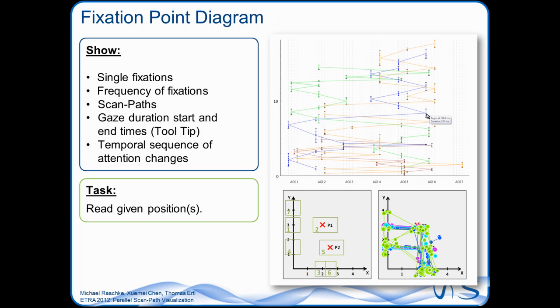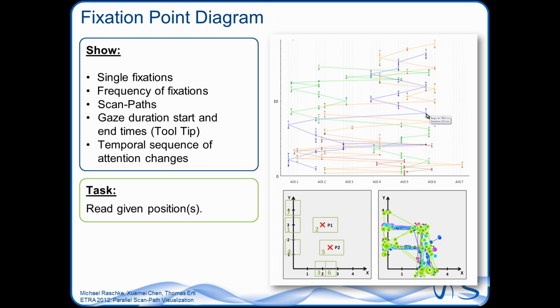We wanted to study this in more detail, so we defined areas of interest 1, 2, and 3 to find strategies for reading P1, and areas of interest 4, 5, and 6 for reading the given position of P2. On the top right, you see the fixation point diagram with the areas of interest.